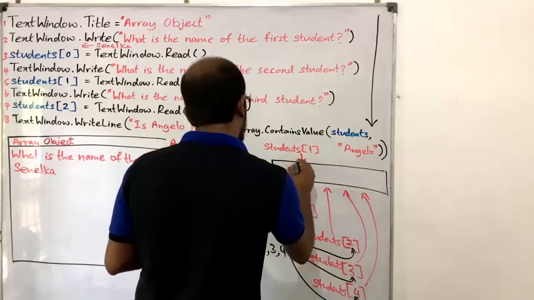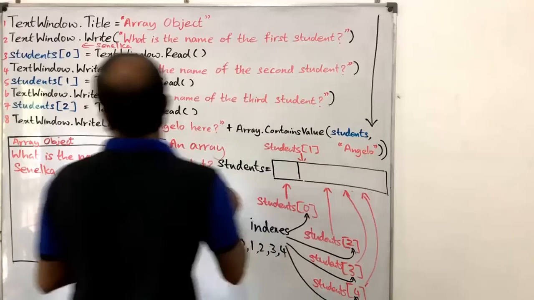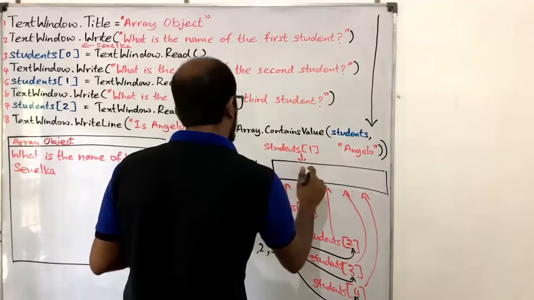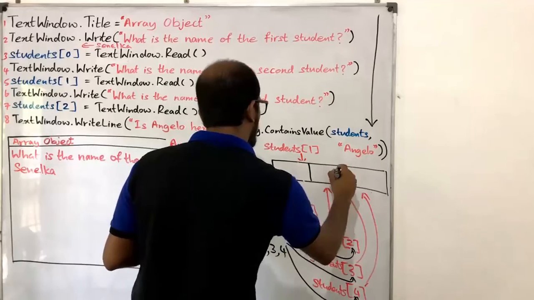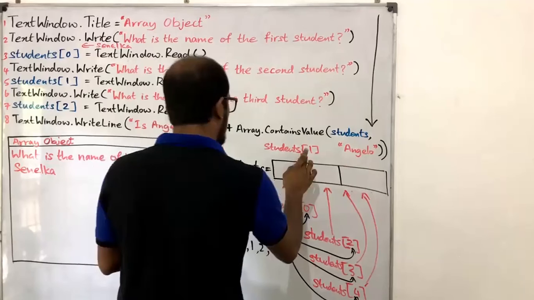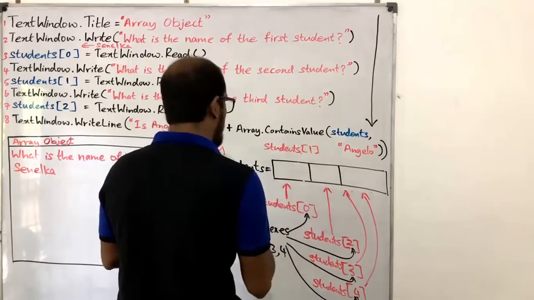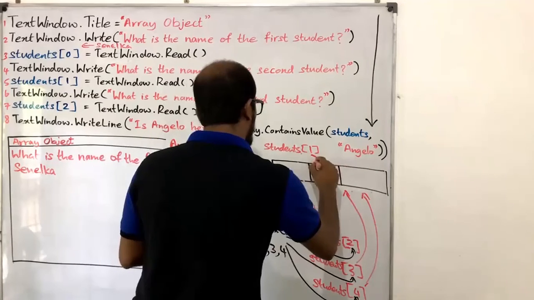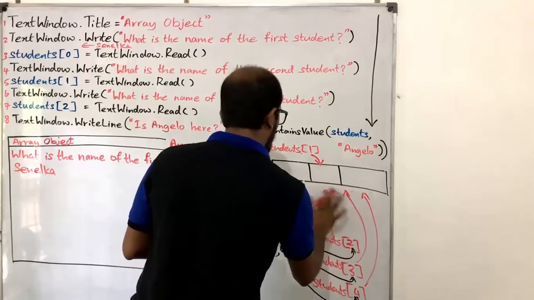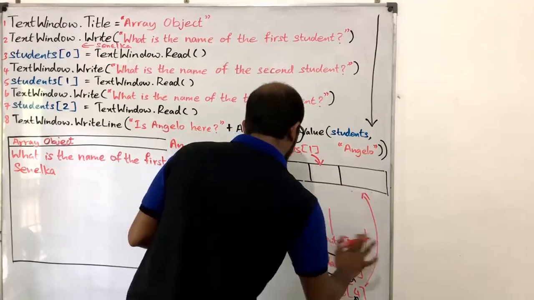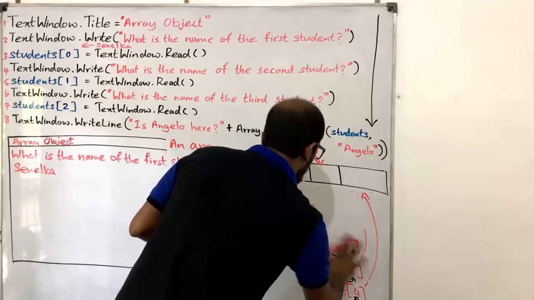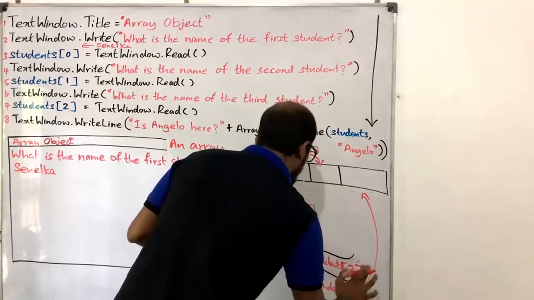So there are only 3 now. This is the first one, the 0, 1, and here the first one. We don't need this. So this array has only 3 elements, which means 3 addresses.